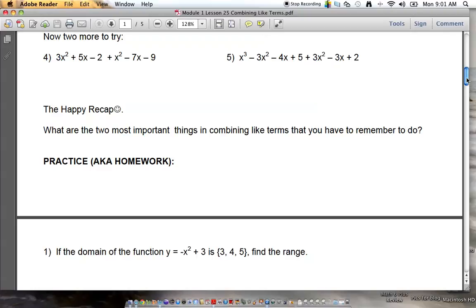Negative 3x squared plus negative. Isn't that a 0? Ready? So, I have 3x squared and another x squared. How many x squareds do I have? 4x squared. Sweet. I have 5 x's and negative 7 x's. What do I have?